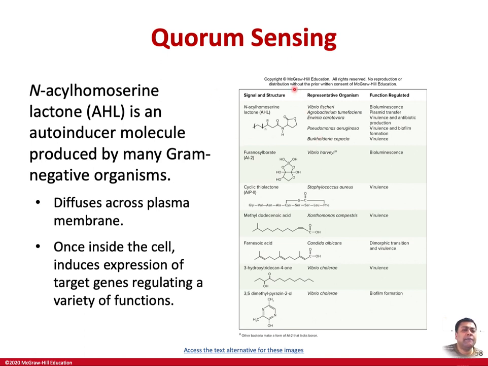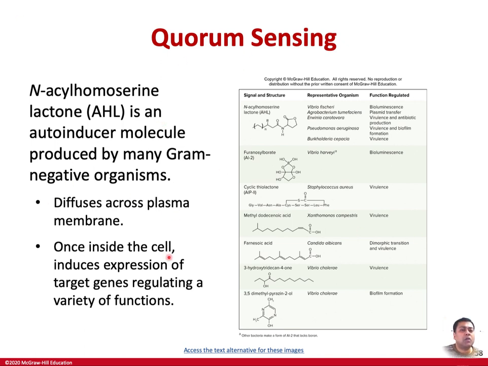So suppose, just giving an example of this N-acyl homoserine lactone, when the bacteria is inside an organism, or it is replicating in a tissue or anywhere, at that time it is producing these in the cell. And inside the cell, you have a little bit of higher concentration. Outside the cell, you don't have much. So it is diffusing out of the cell, down the concentration gradient, high to low outside the cell.